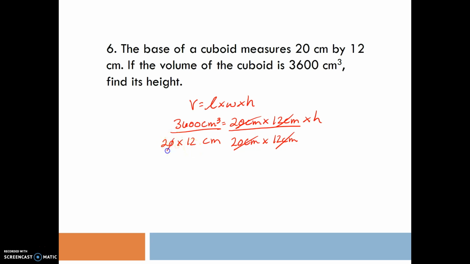I can go ahead and cancel one of those zeros before I multiply, and then I'm left with 360 centimeters cubed over 2 times 12, which is 24 centimeters squared, because that was centimeters times centimeters, but I forgot to write it there, equals height. And when we divide 360 by 24, we get 15 centimeters, and that equals our height. And that should just be a length measurement because it's just one dimension.